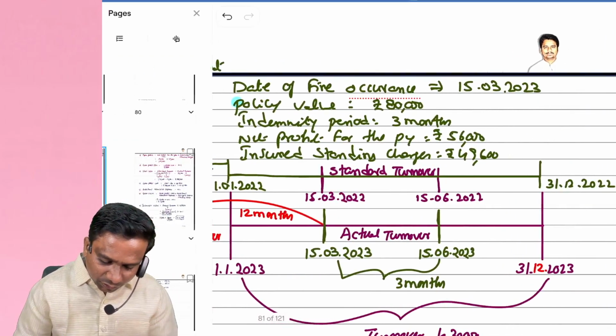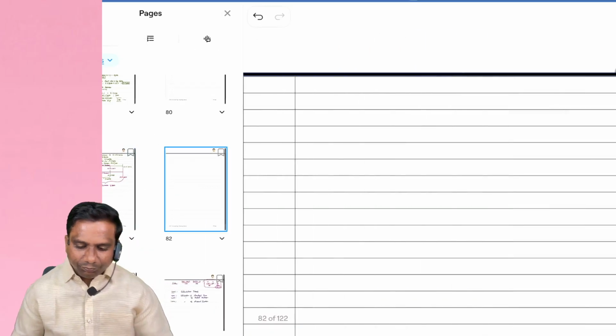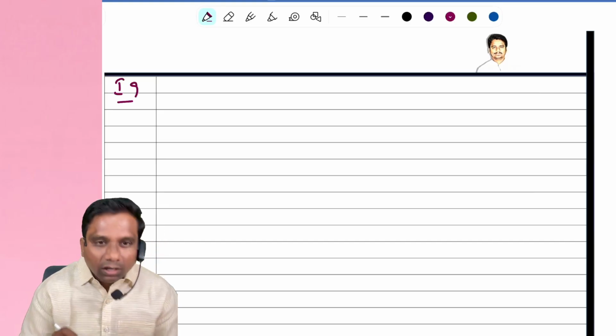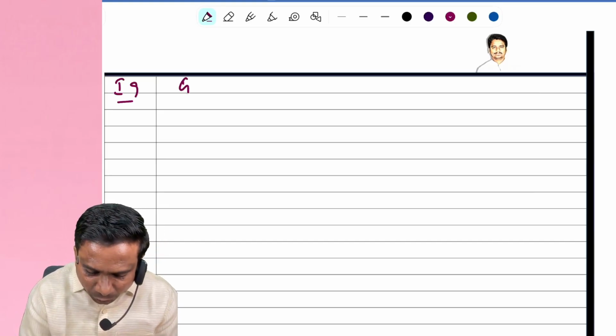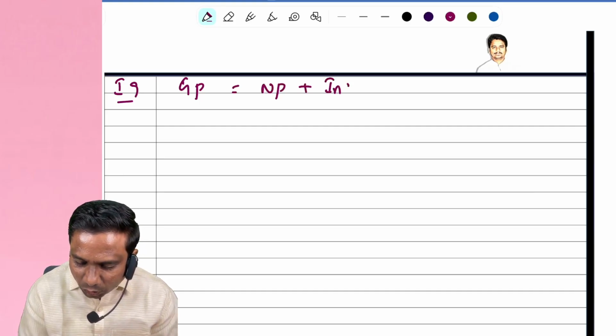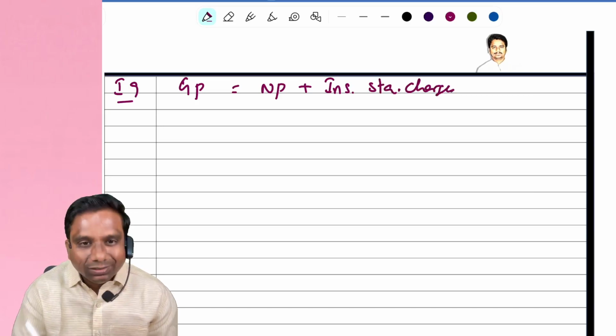Suppose this is illustration 9. Now tell me, first what do we calculate? Gross profit. Gross profit is nothing but net profit plus insured standing charges. This is our first step now.